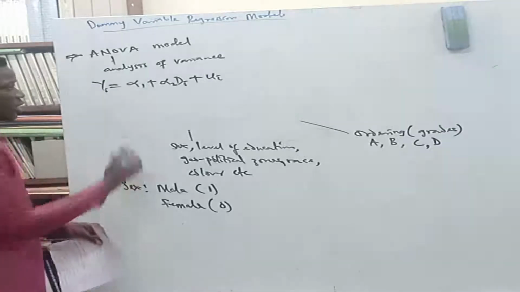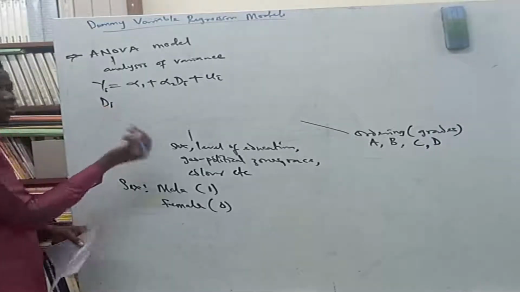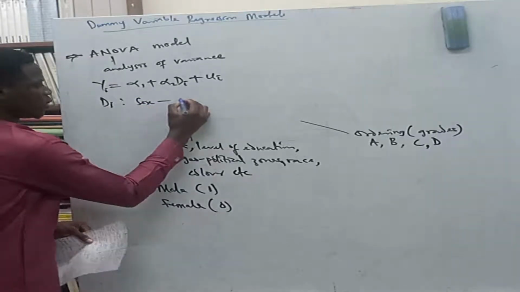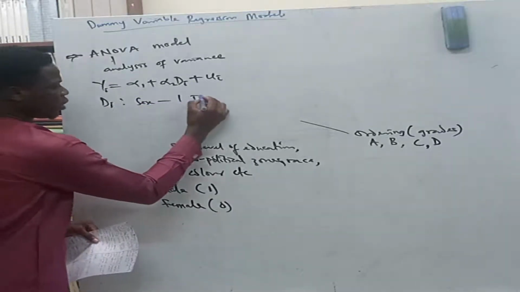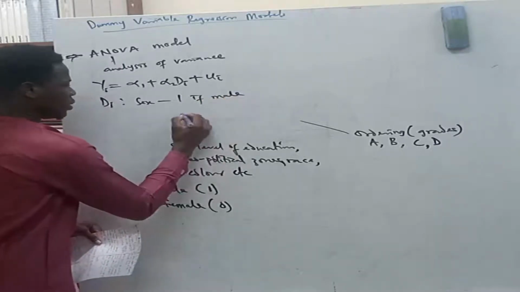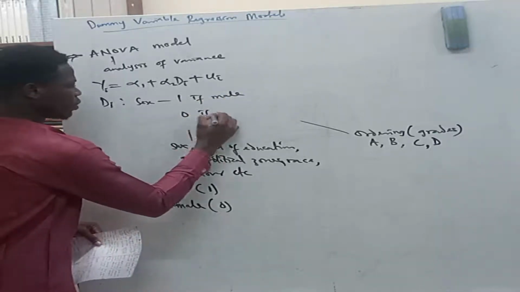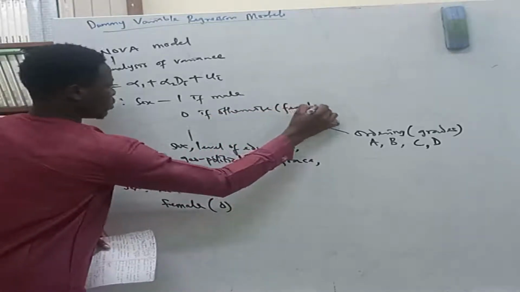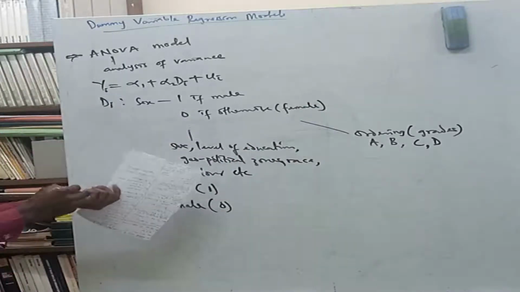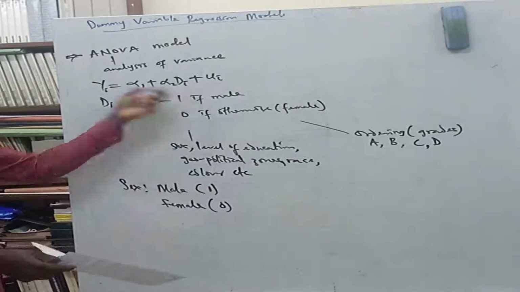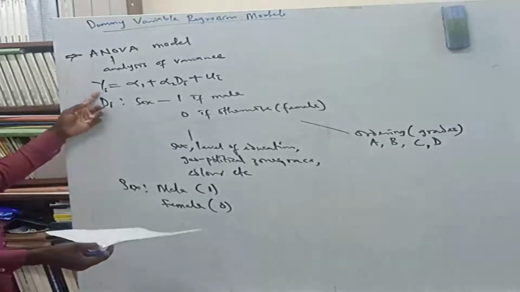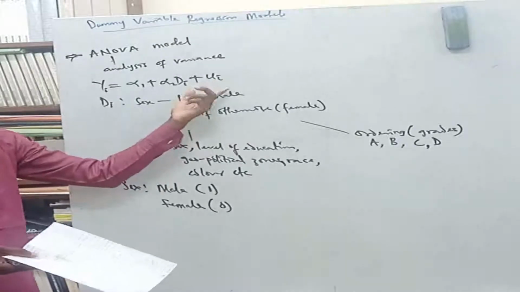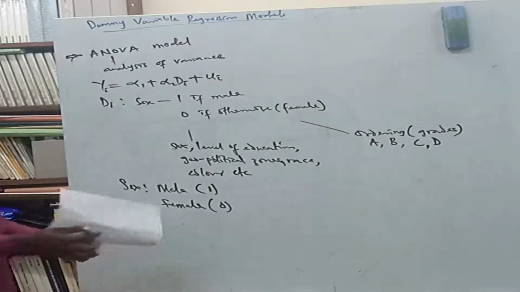You have to specify that D is a dummy variable for sex: 1 if male, 0 otherwise, that is female. So you have already specified that D is the dummy variable and Y is the annual income, and U is what we know already, our random error term.